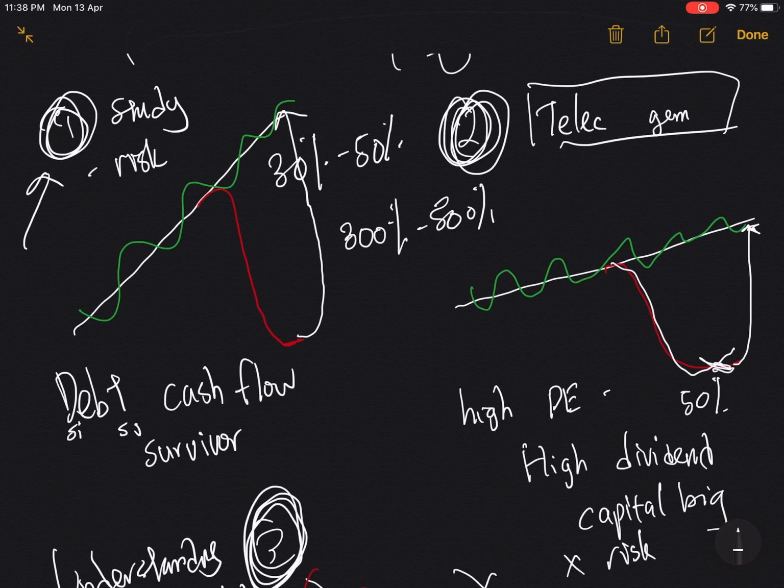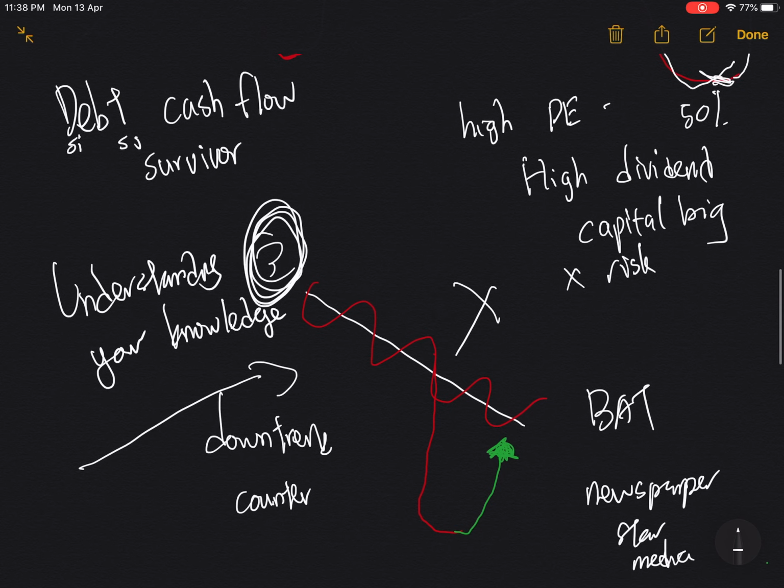This one is for those who search for passive income. The third one is just a theory for your understanding. Downtrend counters, but if they go down a lot, value comes out, and then the share price will rebound back to the price it is supposed to be.